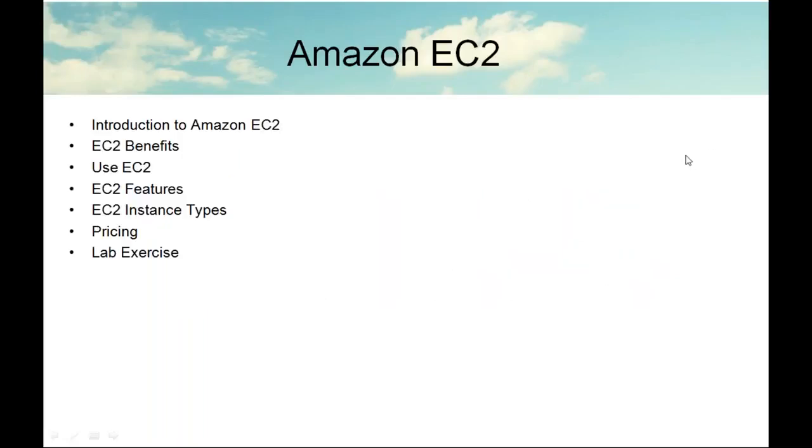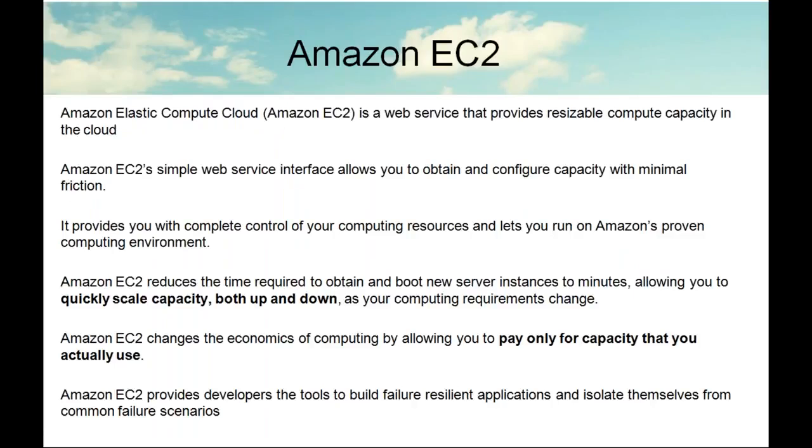So Amazon EC2. Amazon EC2 is a web service that provides resizable compute capacity in the cloud. It is a simple web service interface that allows you to obtain and configure capacity with minimal friction. Minimal friction means even a small size of memory you can get from the cloud environment.